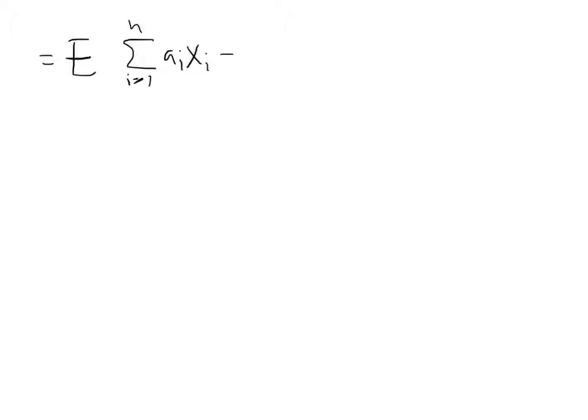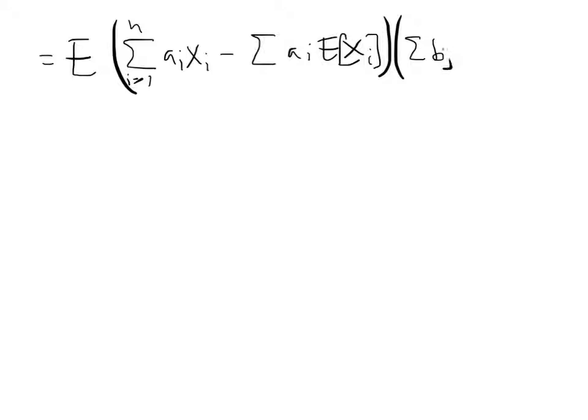Minus, and now I'm taking the expectation through each of those terms, the sum of the a_i times the expectations. I'm going to do that likewise for the second term: the sum of the b_j y_j minus the sum of the b_j times the expectation of the y_j.